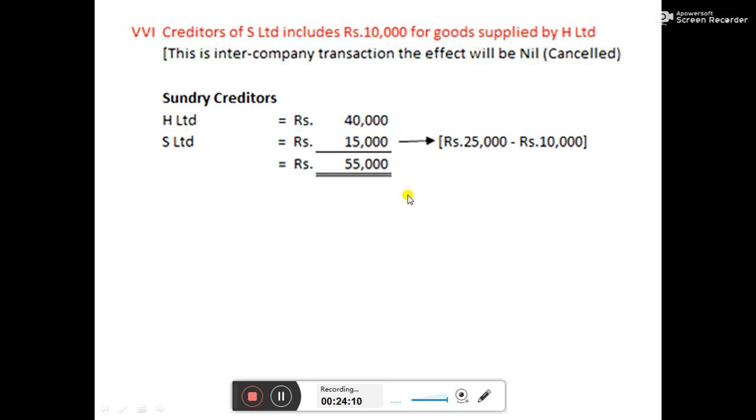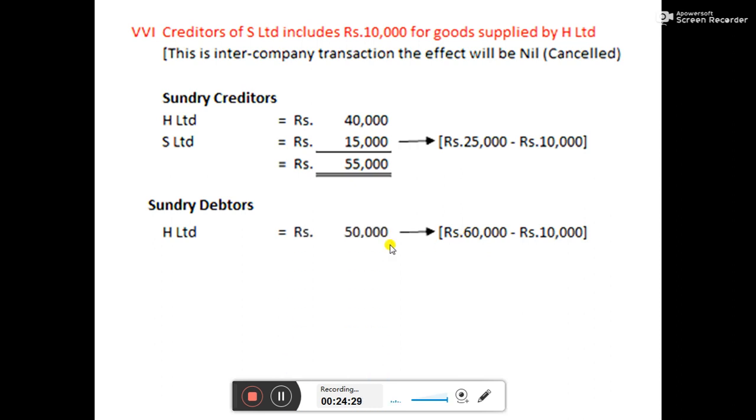and then the balance sheet. Now moving on to sundry debtors. S Limited's sundry debtors is 60,000. But out of the 60,000, 10,000 is supposed to be received from H Limited. So this is an intercompany transaction, hence the amount will be 50,000, and S Limited 30,000. Total is 80,000. This will be coming in notes to accounts and then the balance sheet.